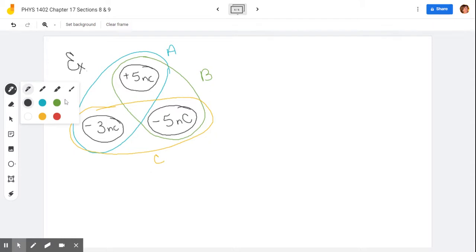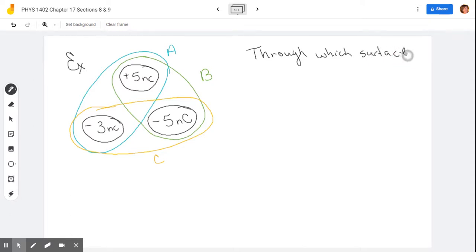The question asks, through which surface does the flux point into the surface?